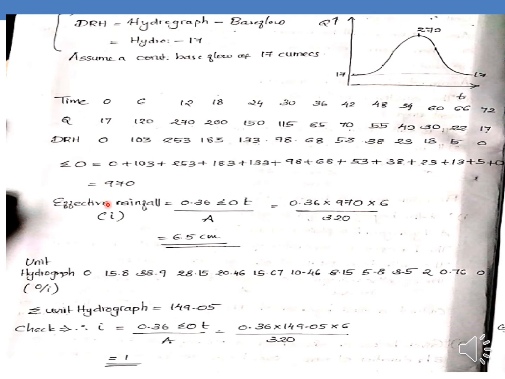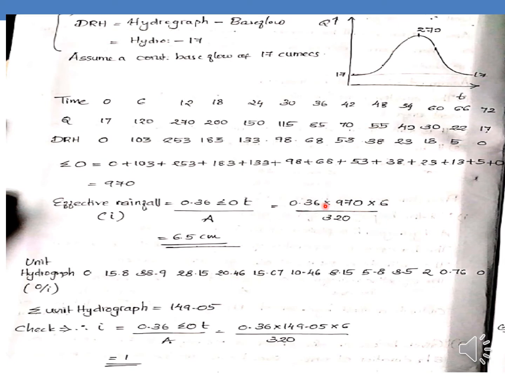What is the equation for rainfall? 0.36 sigma O into T by A, where sigma O is the sum of the ordinates of the DRH, that is 0 plus 103 plus 253 plus 183, and like that you sum up. T is the time interval of observation, that is 0, 6, 12, 18, so it will be 6 hours.